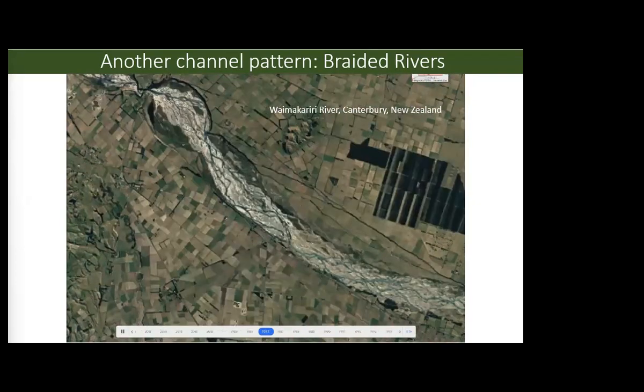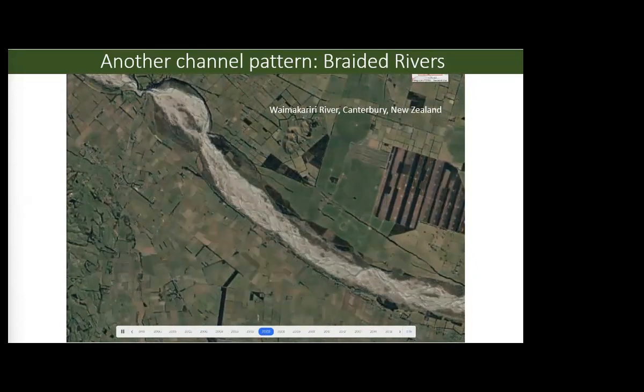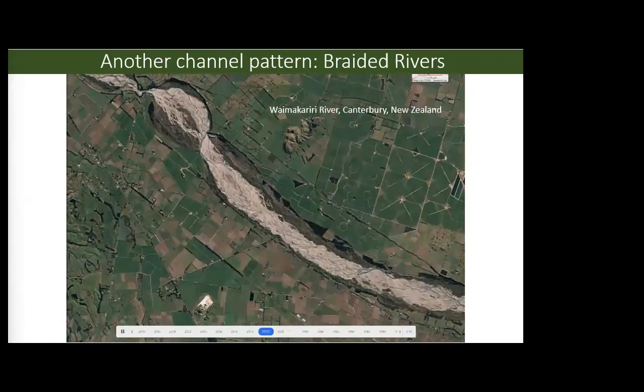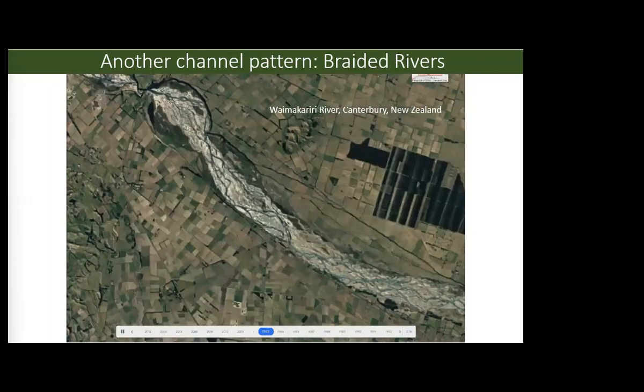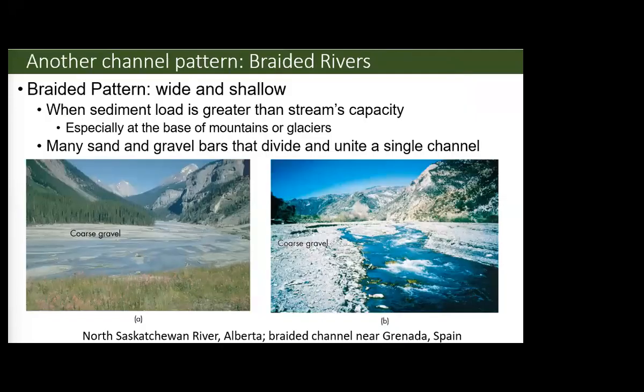So from space, it kind of looks like braided hair. These are pretty common in very, very low gradient areas, very low energy areas. But we also have to have a couple of other characteristics in these cases.